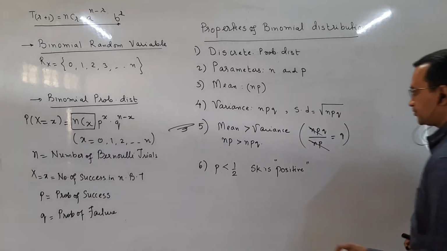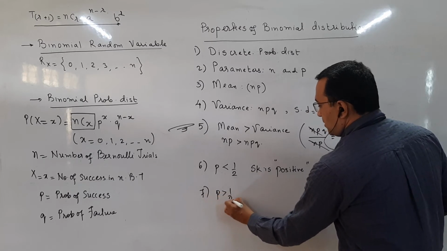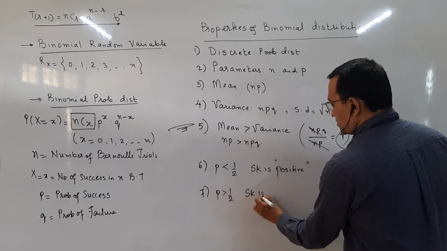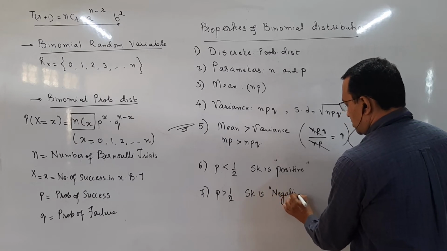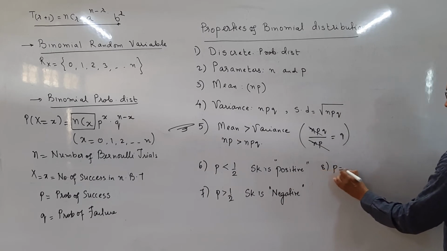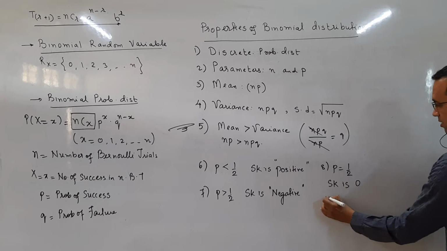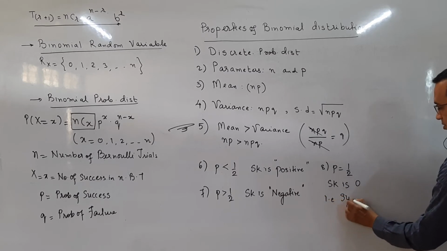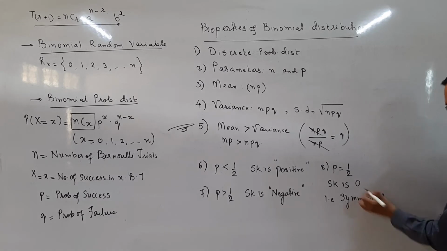If p greater than 1 by 2, skewness of the distribution is negative. And for p equal to 1 by 2, skewness is 0. That is, the distribution is symmetrical.